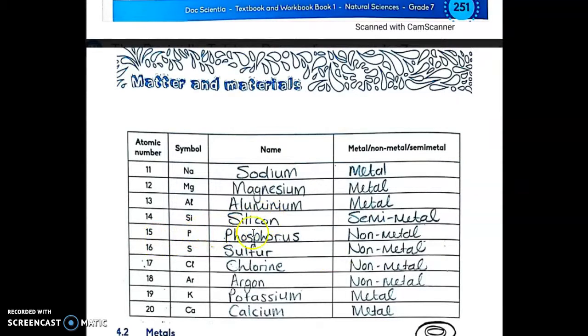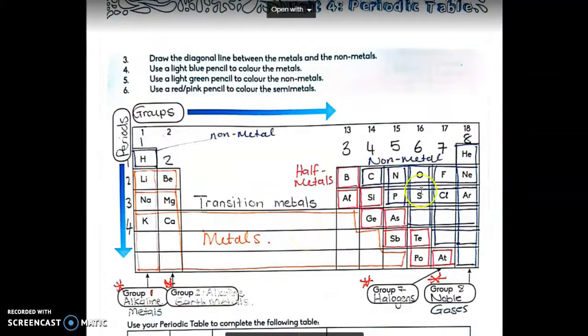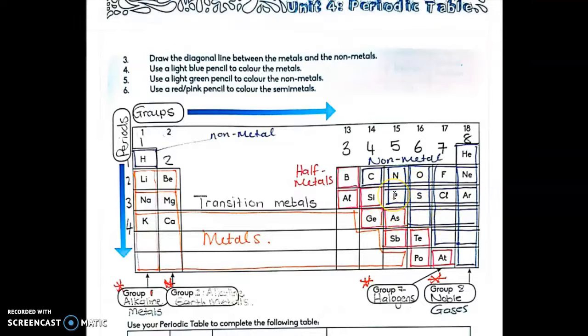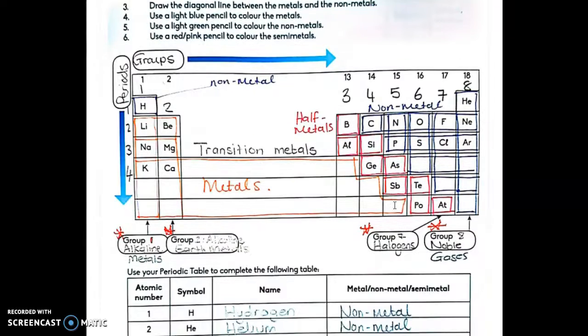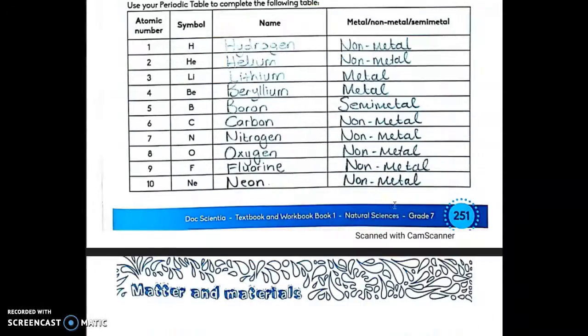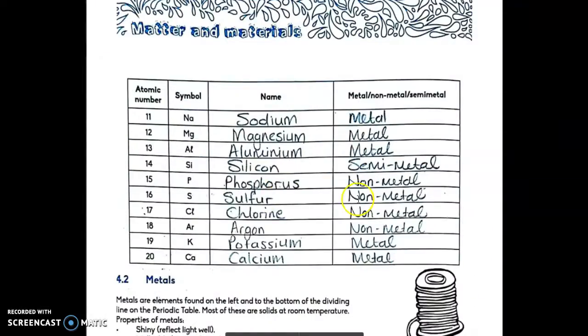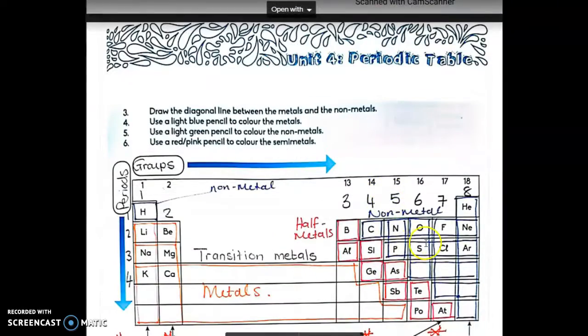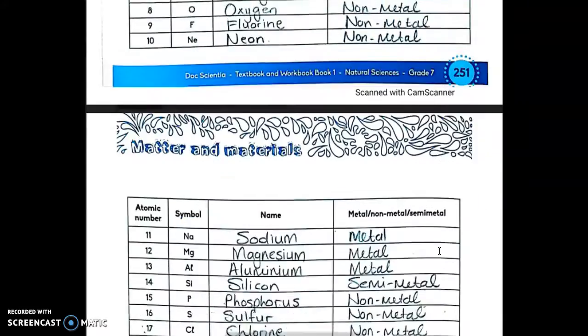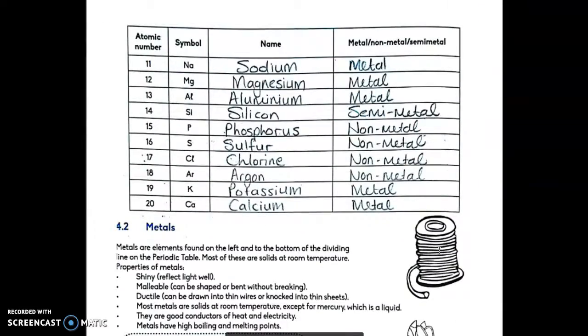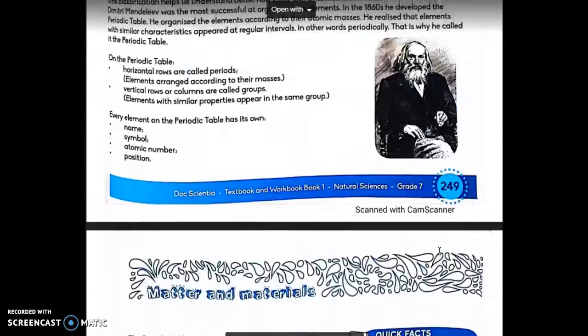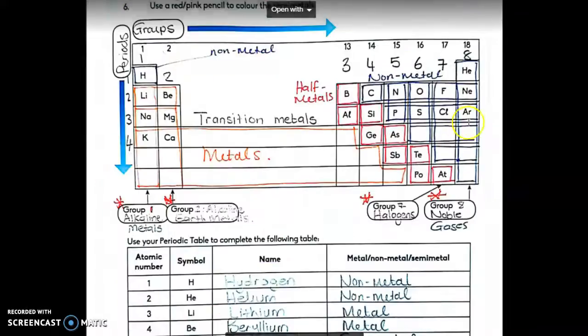Number 15, P, is phosphorus, and that is a non-metal. Number 16, S, sulfur, and it's also a non-metal. Cl, chlorine, and it is a non-metal. Oh no, went too far.